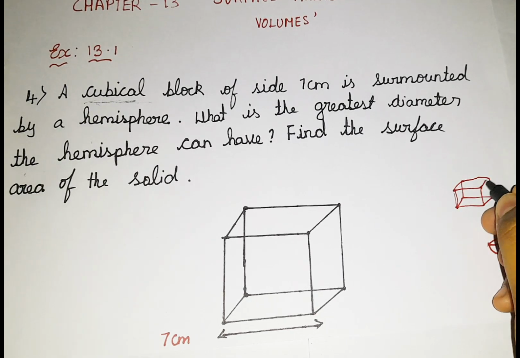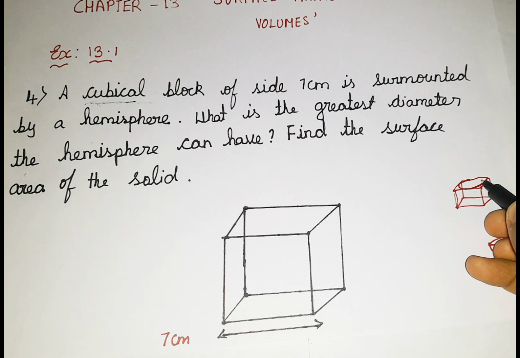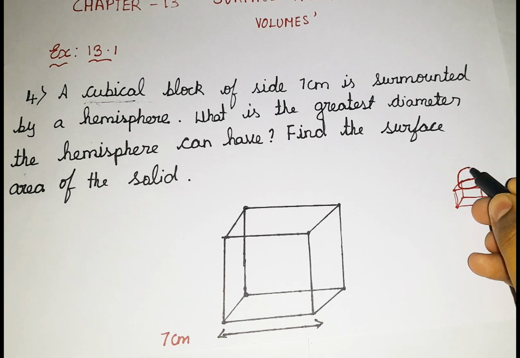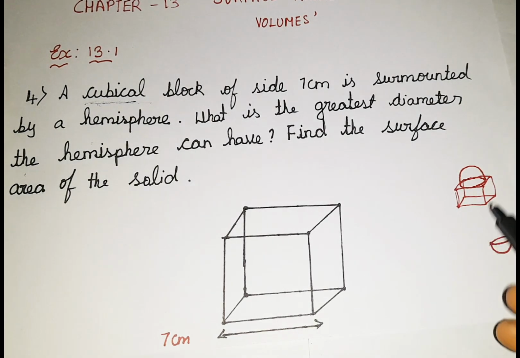Upon this cube, the hemisphere is something like this. So surmounted means like this shape. It is surmounted upon a cube. Here upon the cube the hemisphere is lying. That is the meaning of surmounted.